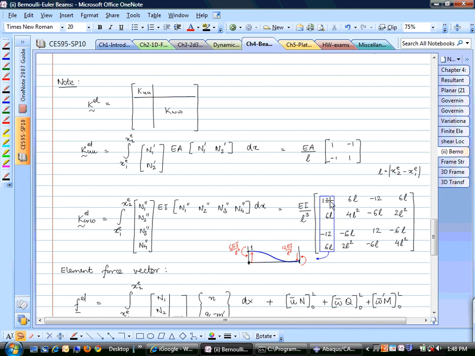And the moment is 12 EI over L cube multiplied by L minus 6 and minus 6. So that also cancels out. So that's also 0, meaning it's in equilibrium. So you can verify also for the other columns by just giving a unit displacement or rotation for the degrees of freedom according to that.